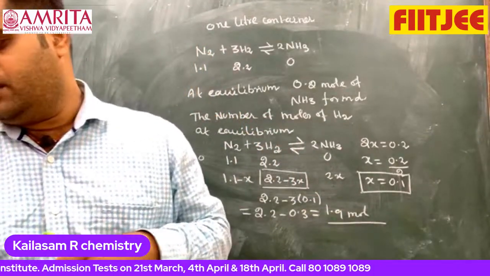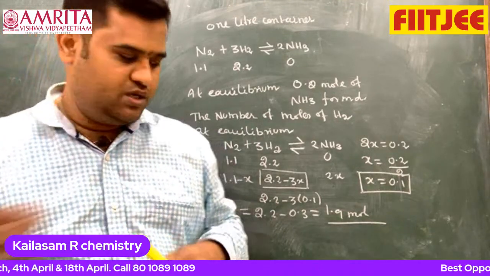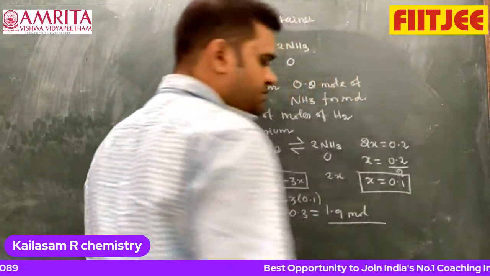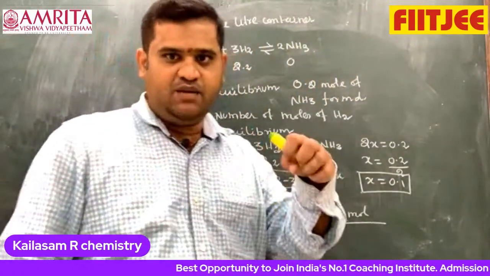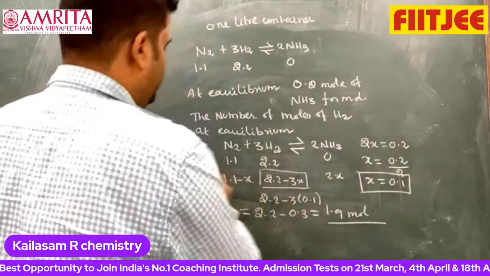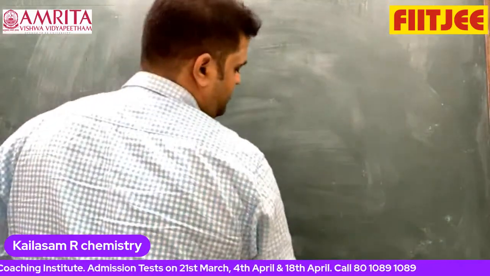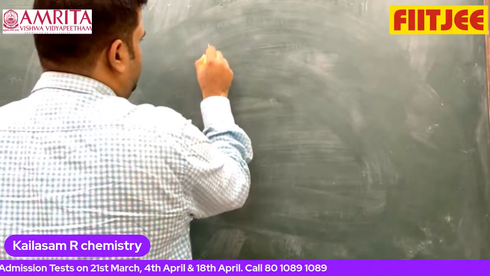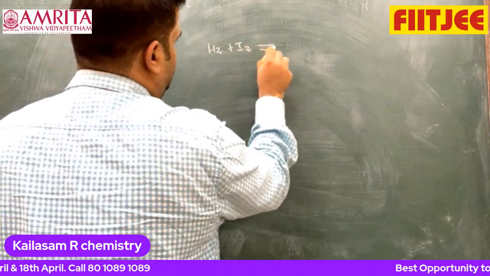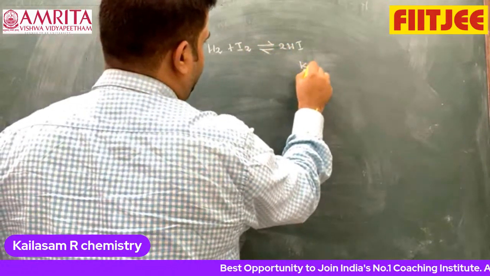Next question, can we go? Now I want to give one question. Listen. The equilibrium constant of the forward reaction and the equilibrium constant of the backward reaction are inverse of each other. For example, I am taking one simple reaction, H2 plus I2 equilibrium 2HI, this is Kc.